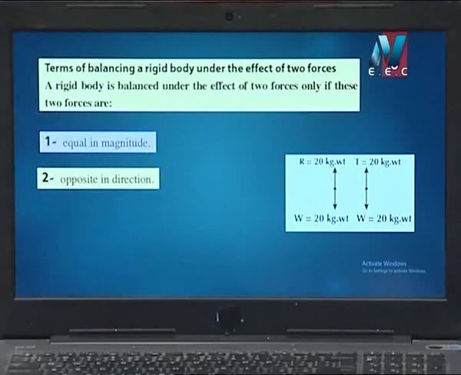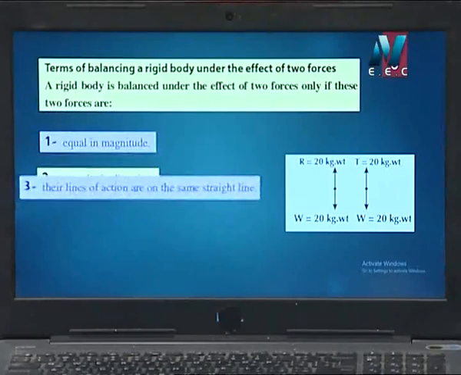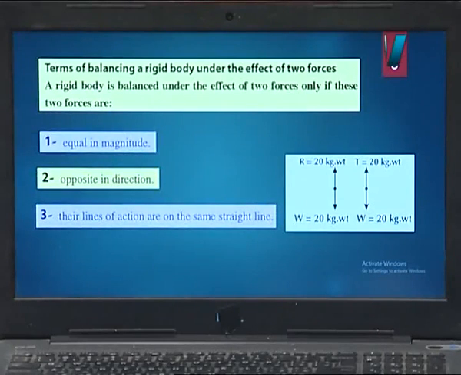Their lines of action are on the same straight line, like that. Upward, downward, equal in magnitude, opposite in direction, and they have the same line of action.